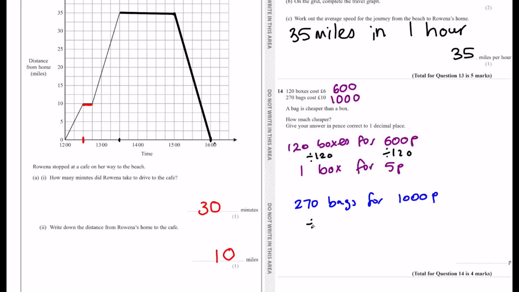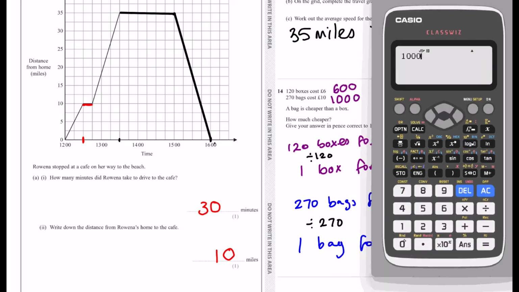So we want to divide by 270 to find out the cost of one bag. So our £10 split between the 270 bags, they are 3.7p each.